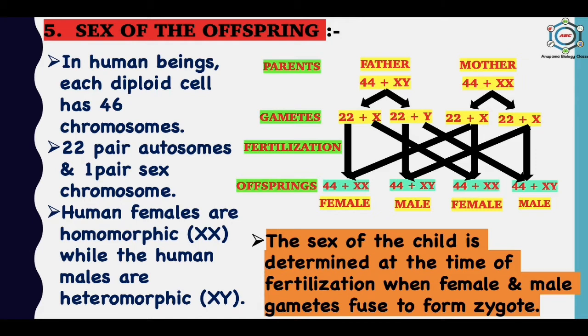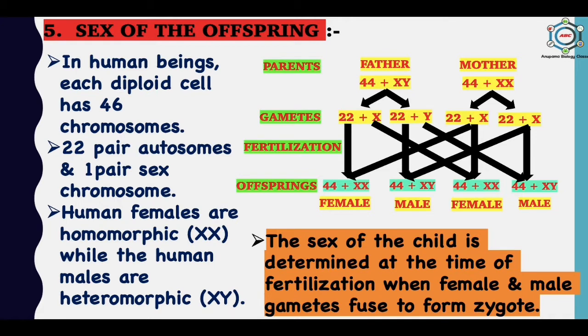So, after the gamete formation, fertilization starts and one gamete makes contact with the gamete of the other sex and forms the zygote, which has half the chromosomes from the father and half from the mother. So you can see here in the offspring formation there is a 50-50% chance of a male or female child. If a sperm carrying an X chromosome fertilizes an egg carrying an X chromosome, then a female offspring forms.